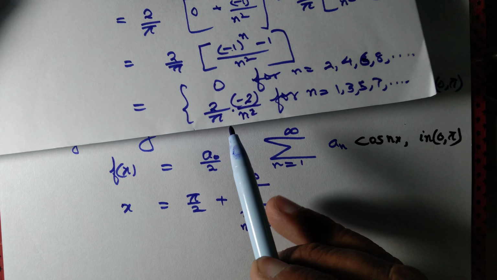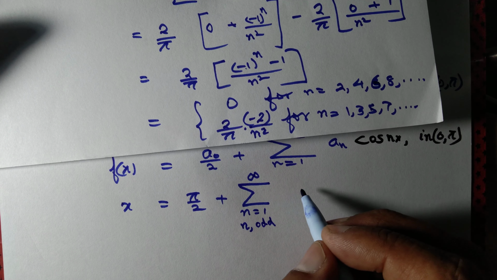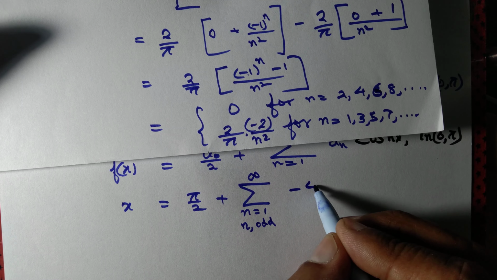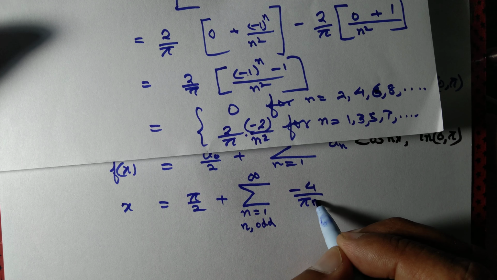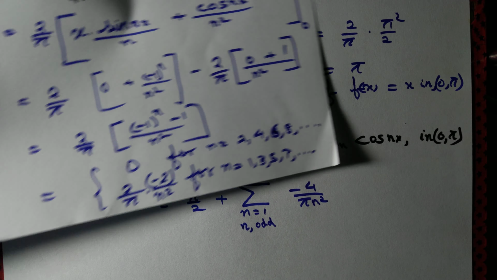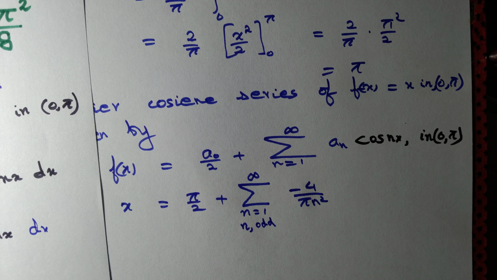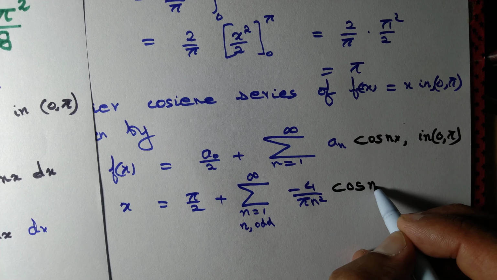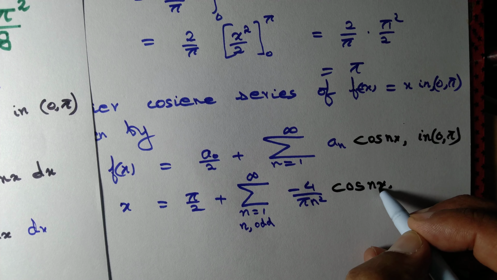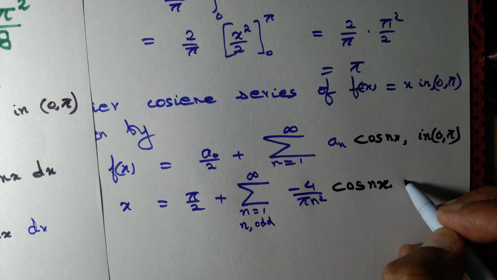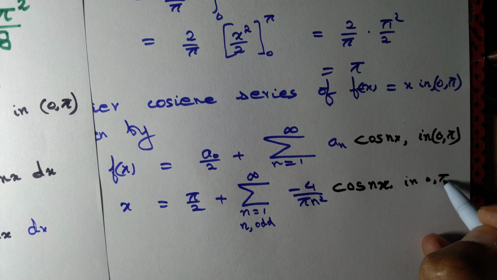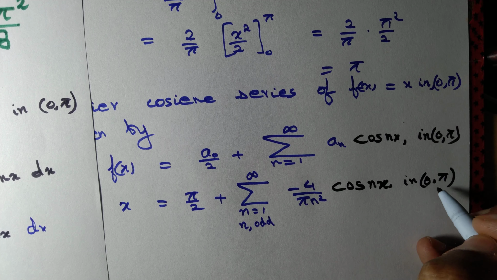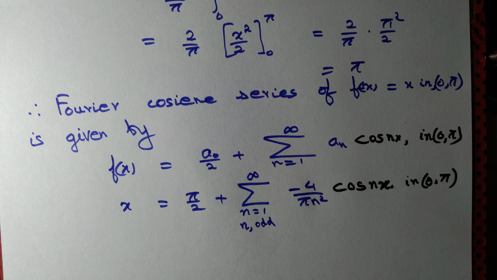When n is odd, an is given by minus 4 by pi into n square, and cos nx. So an is known. Well done. We have obtained the Fourier cosine series in the interval 0, pi only. So this series is valid only for x lying between 0 and pi.